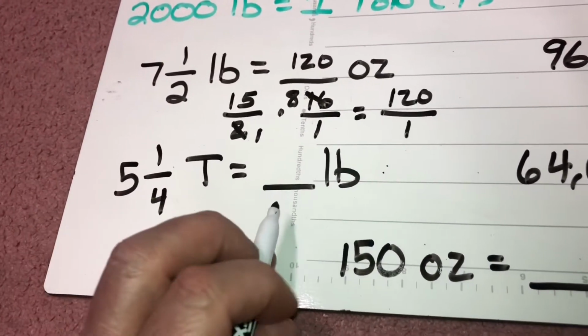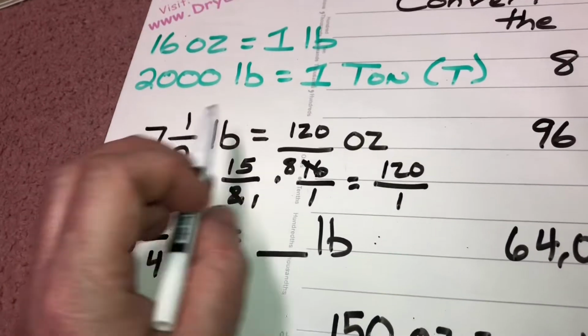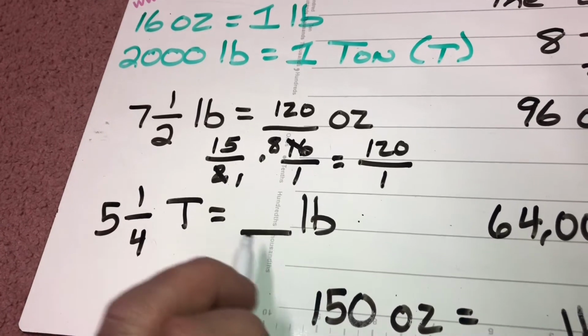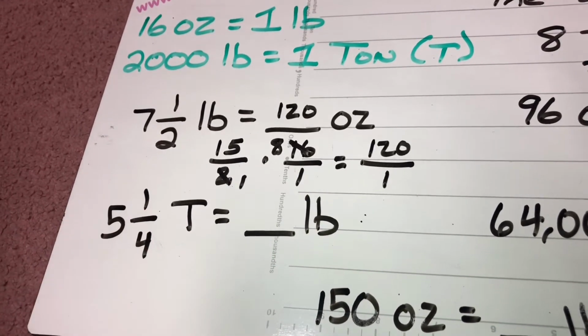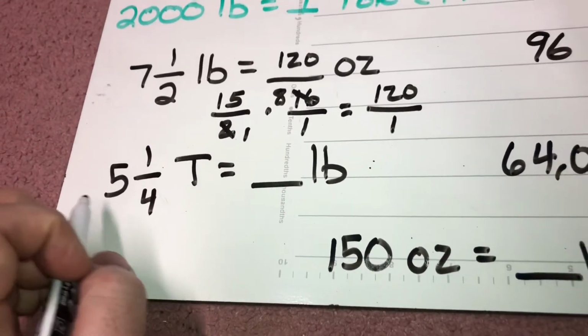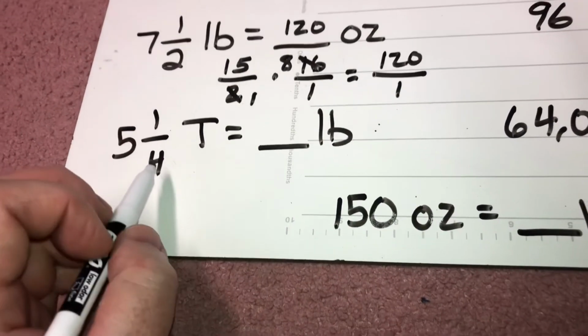5 1/4 tons equals blank pounds. Well, 1 ton, since it takes 2,000 pounds to make 1 ton, is bigger than 1 pound. So the measurement is getting smaller, which means the number is getting bigger, which means I'm multiplying, which means that I'm taking 5 1/4 and multiplying that by 2,000.